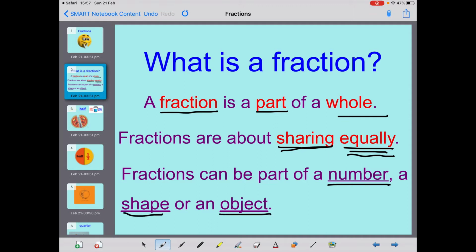So we could have a whole circle, a whole pizza, or the number 10 could be our whole, and a fraction would be part or a bit or a piece of that. We're going to explore some of the fractions now.